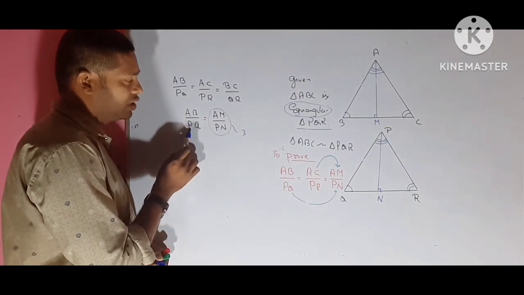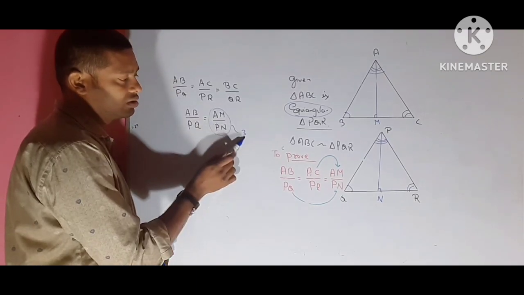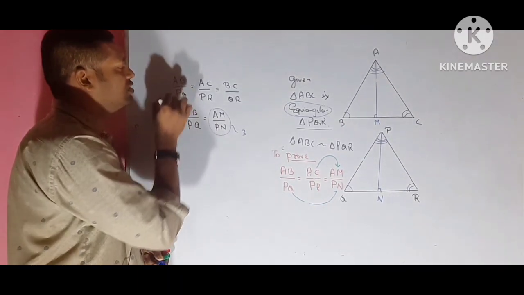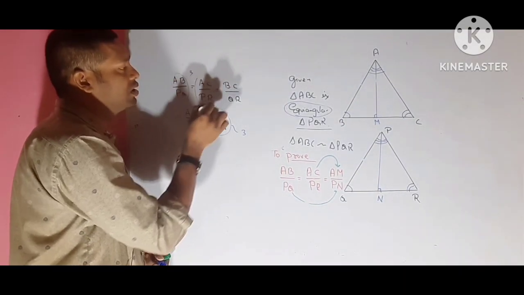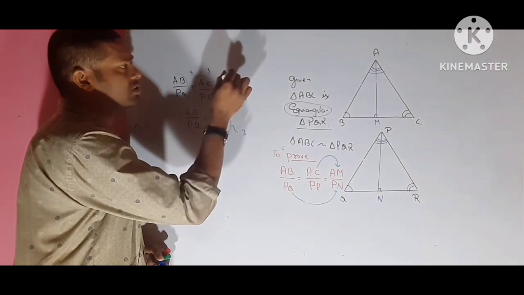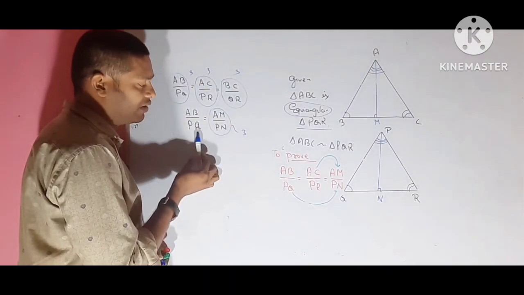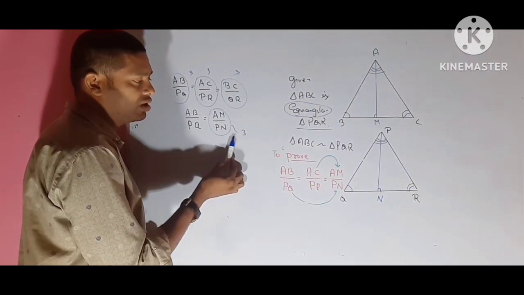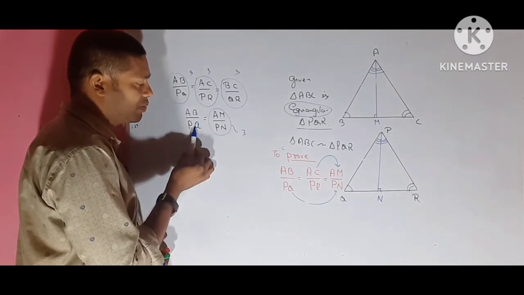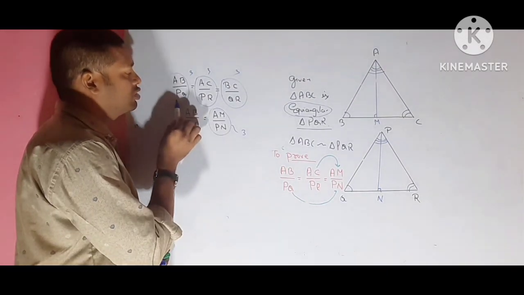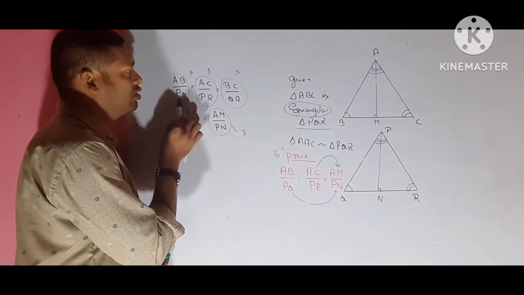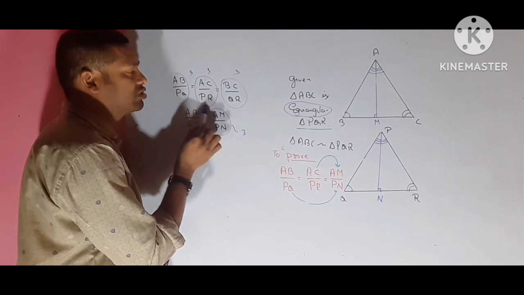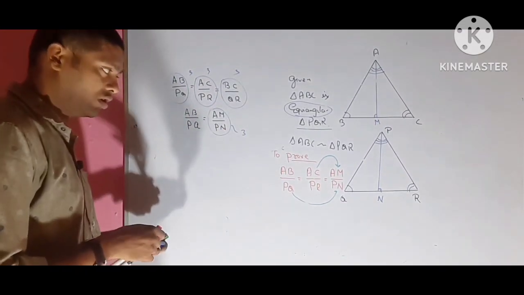So AB by PQ is 3, equal to 3 and 3. So this is also 3, and this is also 3. Because I have assigned the value of AB by PQ here as 3, wherever AB by PQ is there, it will be 3. So this is equal to this one. This is also 3, this is also 3. Understood what I am trying to say?